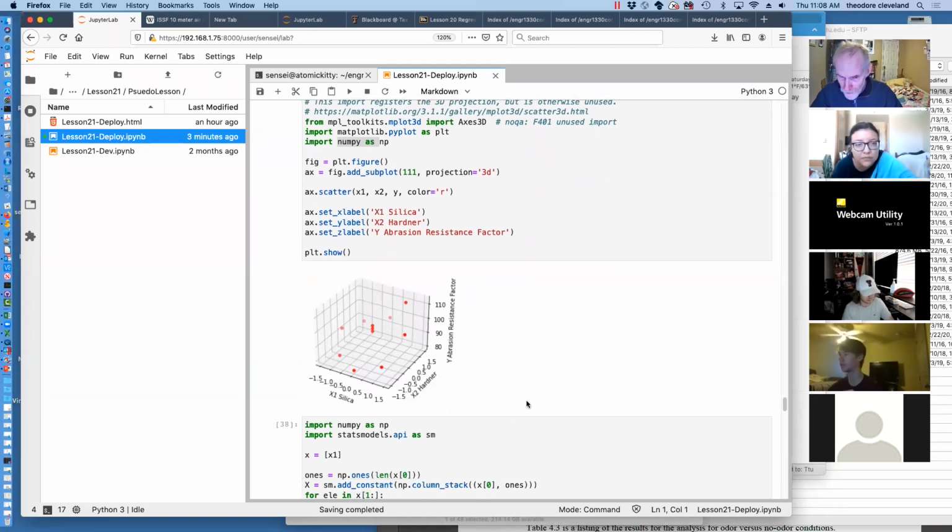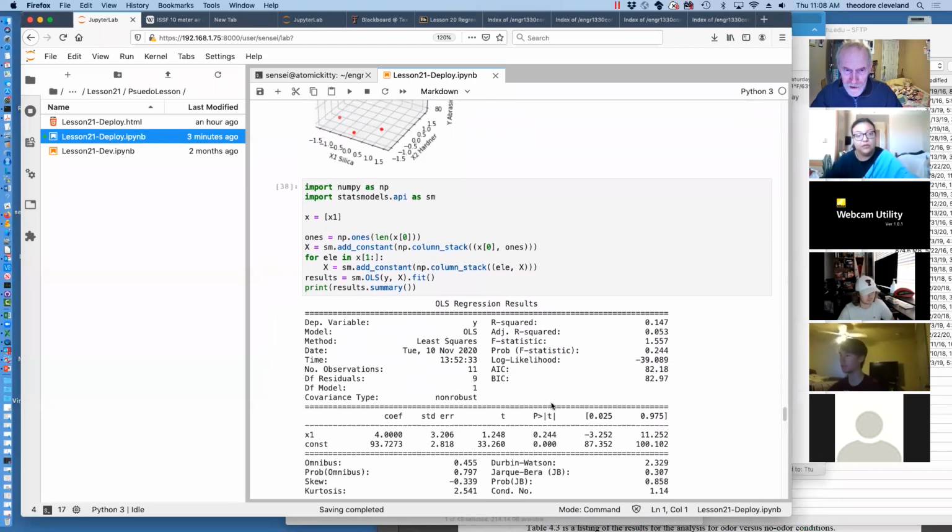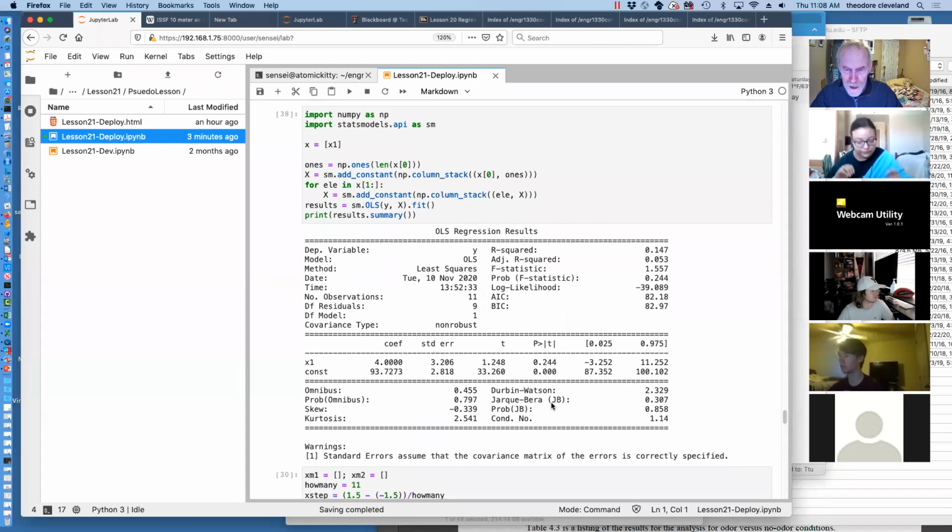So unlike what we're accustomed to doing, we can certainly render a three-dimensional representation, but what can we learn from that? What's the best way to increase abrasion resistance? We don't really know. So let's continue and try our ordinary least squares approach.